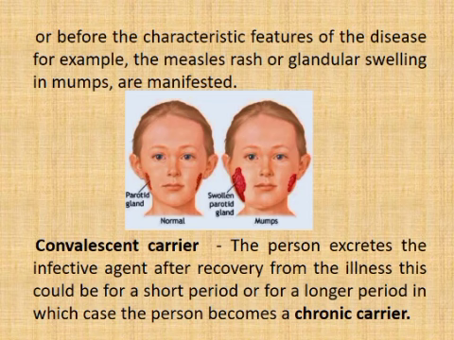For example, the measles rash or glandular swelling in mumps. In measles, the person might have fever and you won't know the particular disease the person is having until you see that characteristic rash and you say, oh, this is measles.